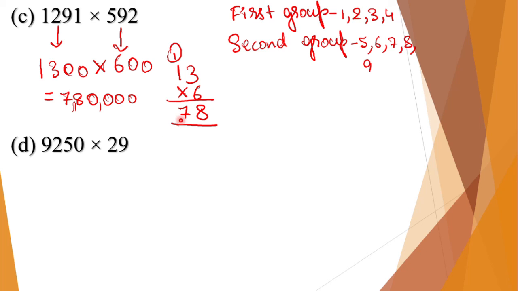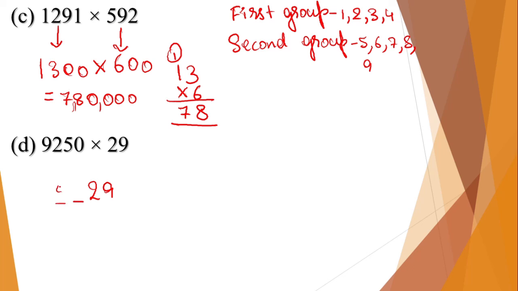Now the fourth question which we have is 9,250 into 29. Now here we should know the place value. So here the highest place value is 1000. But if I take 1000, I can estimate for the first number, but the second number goes till only the tens place value.